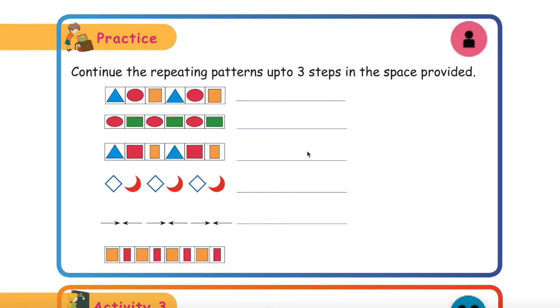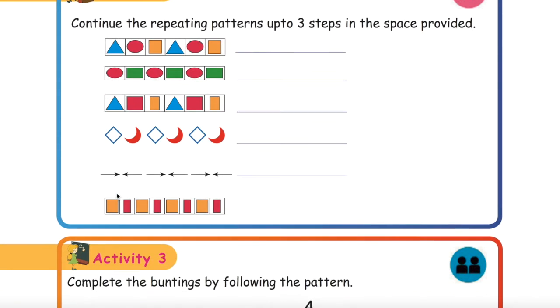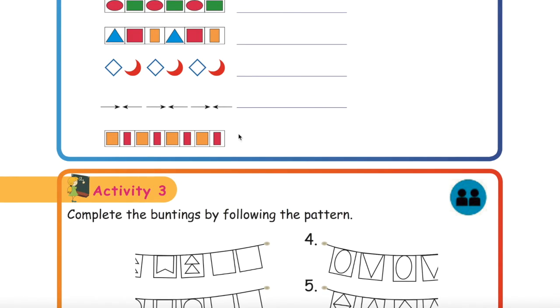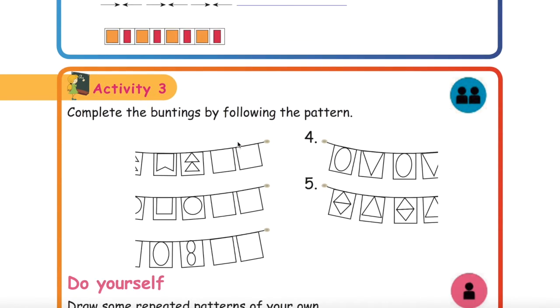Again triangle, square, rectangle. Rhombus, half moon, rhombus, half moon, rhombus, half moon. This is very simple, straightforward. Arrows in this way, this way, this way. You can also make this pattern, no problem.